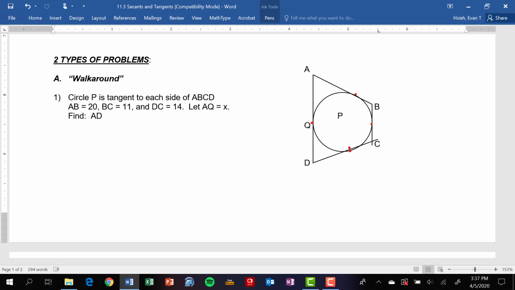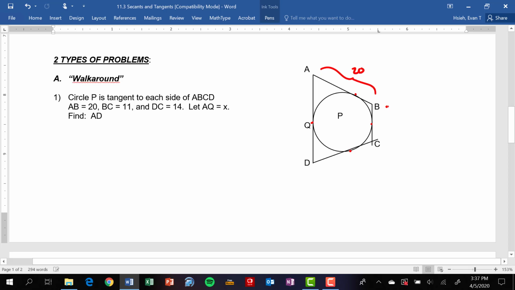And I'm given that this segment is 20. I'm given this segment is 11. This segment's 14, and I want to know what that segment right there is. So it gives you a clue, tells you, okay, let's make this x.